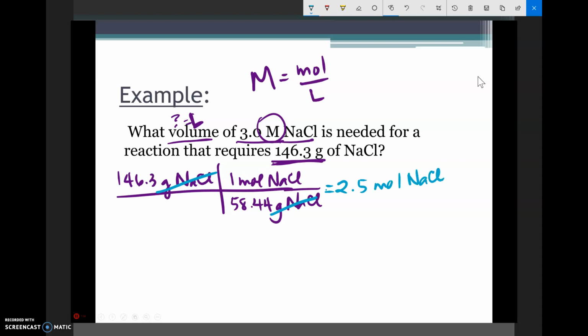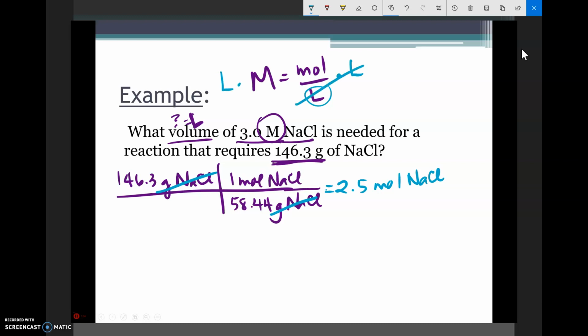Okay, so from here, now that we have the correct units, all we have to do is just plug in our information. So you can do this however you want to. Let's say that we're just going to manipulate our equation. So let's use this up here. So whenever we have an unknown as our denominator, you got to get it out of there. So the first thing we're going to do is multiply liters by both sides.